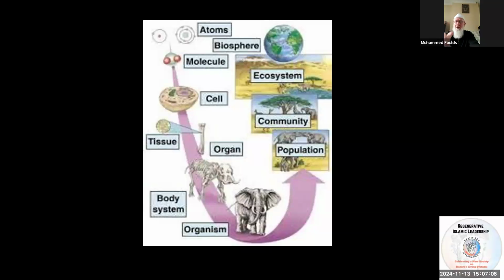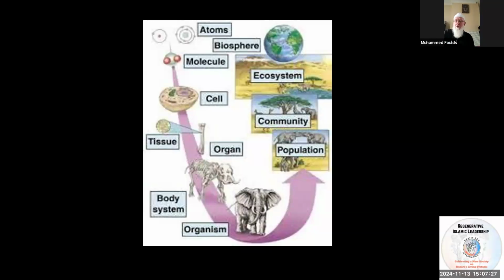If we're operating in the left brain hemisphere, we could study all those in isolation. In fact, it doesn't even start actually at the atoms. Now science, which is the study of Aya, is even going deeper and deeper and smaller and smaller.